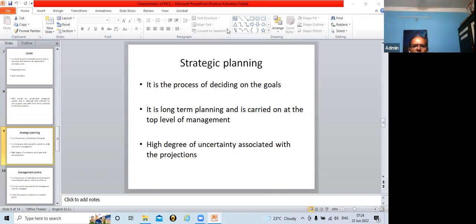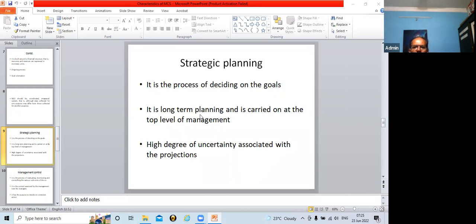Okay, now Chaitanya says his phone is hanging.